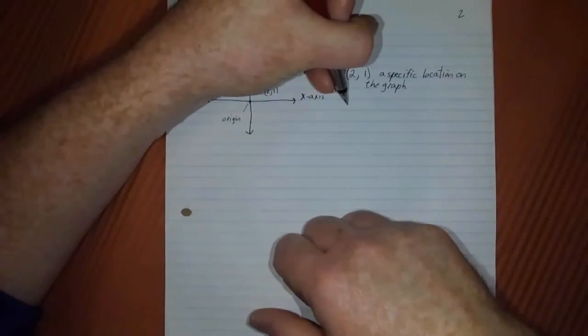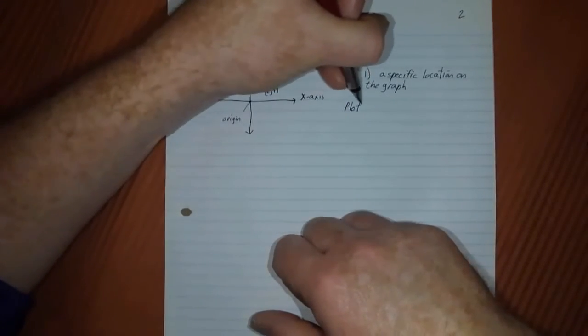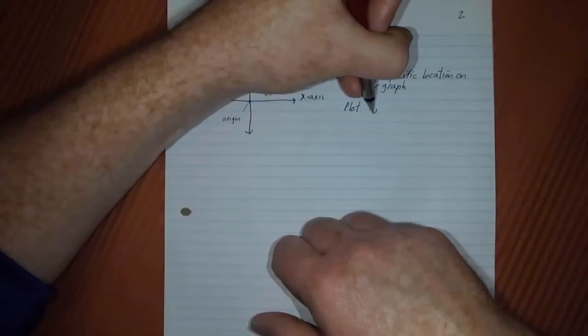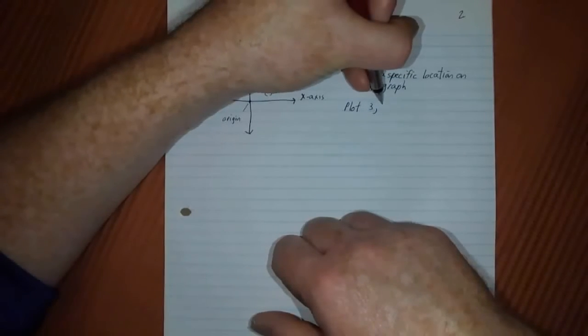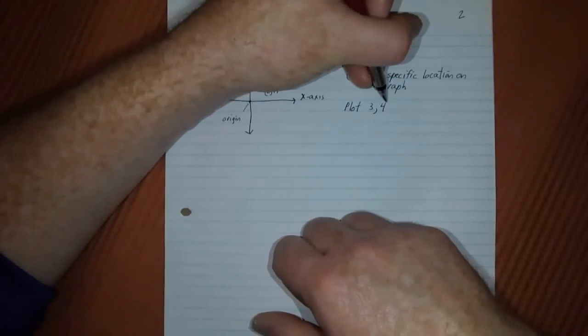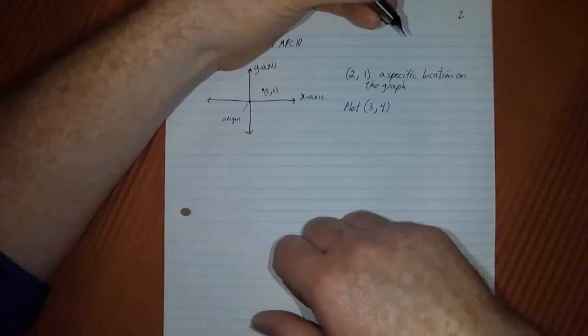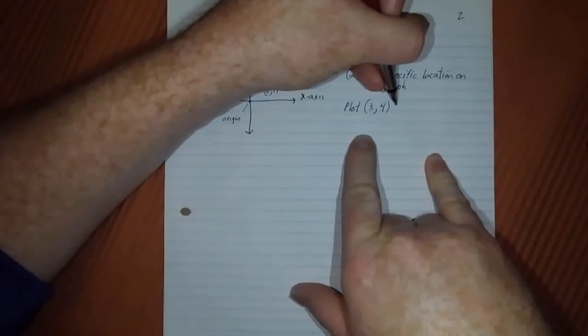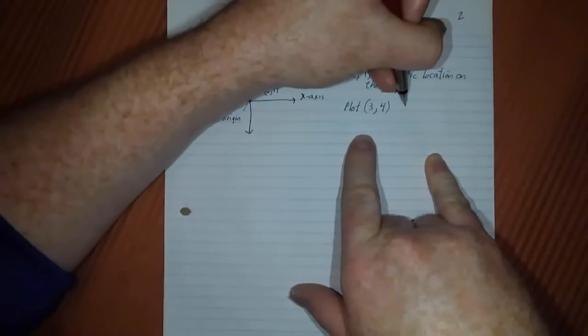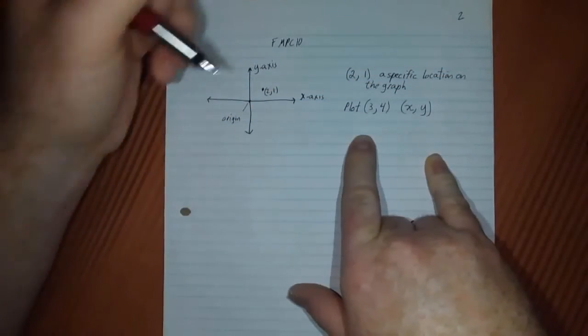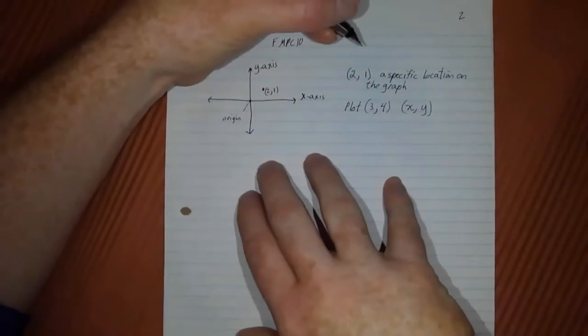Let's say I want you to plot 3, 4. What does that mean? Well, you need to be able to identify the x and the y. It's always going to be x, y. X value is always first.